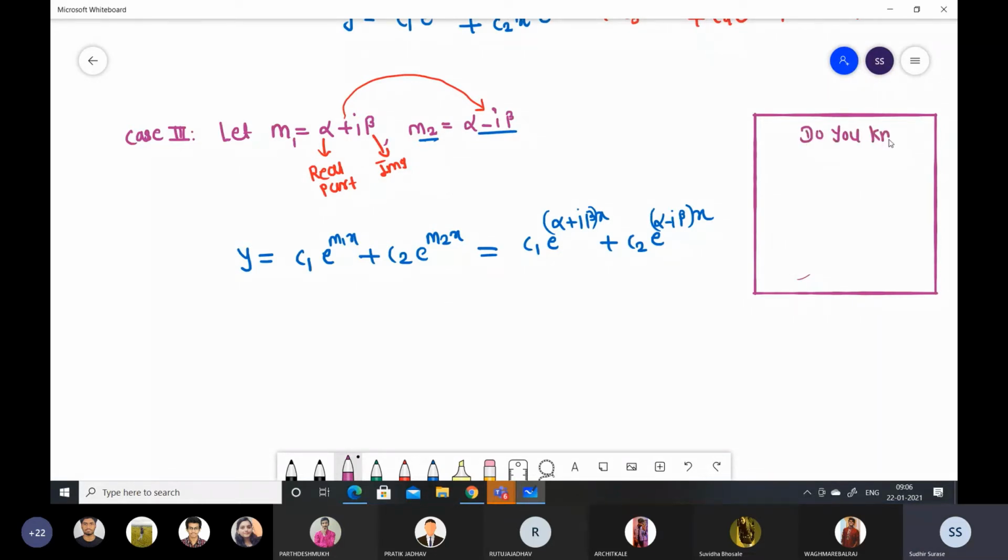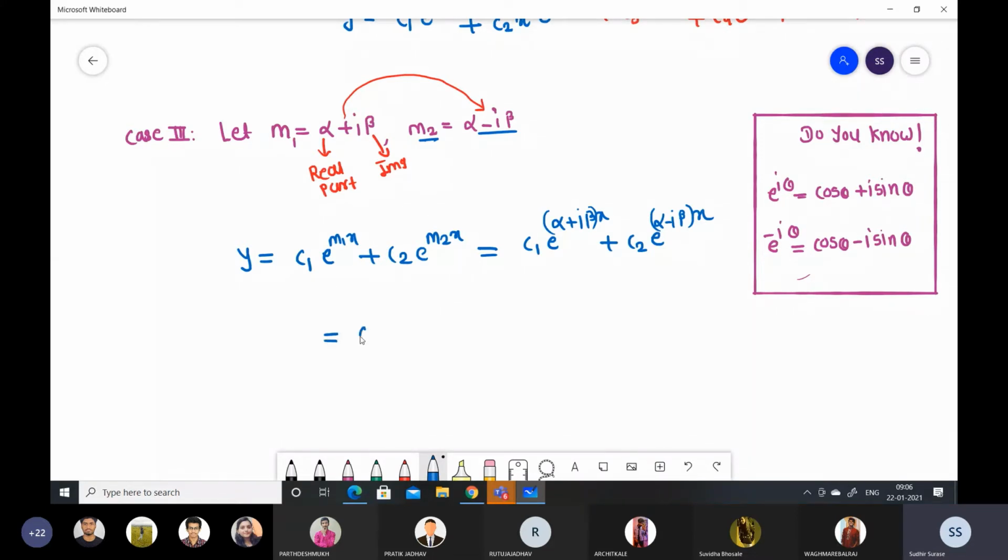Do you know e^(i theta) equals cos theta plus i sin theta, and e^(-i theta) equals cos theta minus i sin theta? These two formulas I'm going to use to solve this further.